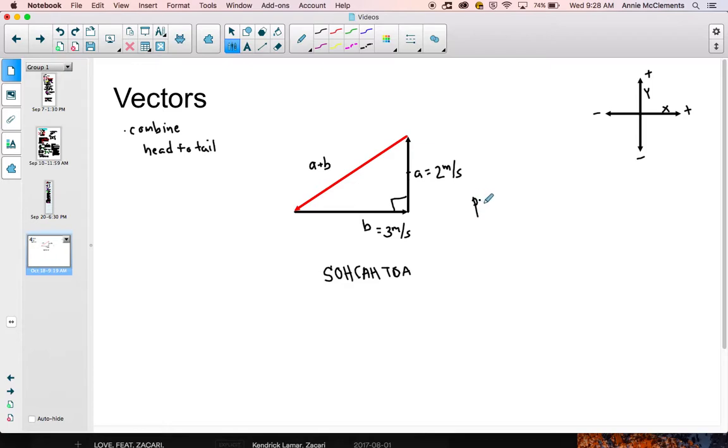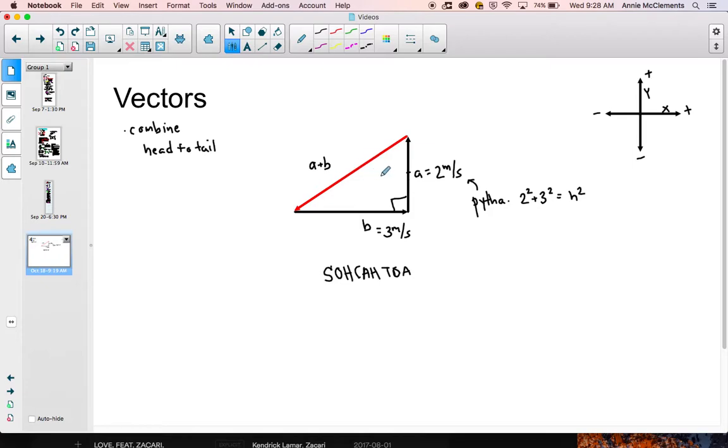The Pythagorean theorem states that the square of one leg plus the square of another equals the square of the hypotenuse. You could use that to solve for this distance, and that would give you the magnitude of this vector.